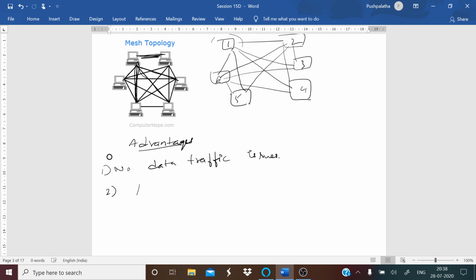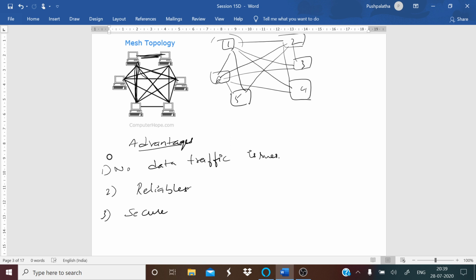And it is reliable, because if any one system fails, then it will not affect the other systems, and communication between the other systems will not be affected. And it is secure, because there is a point to point link. Point to point means 1 to 4, 1 to 3, 1 to 2. Point to point link is given. So this is what you mean by your mesh topology.